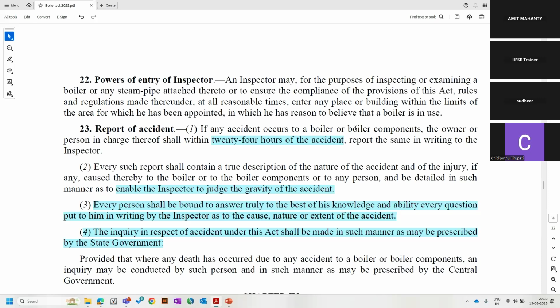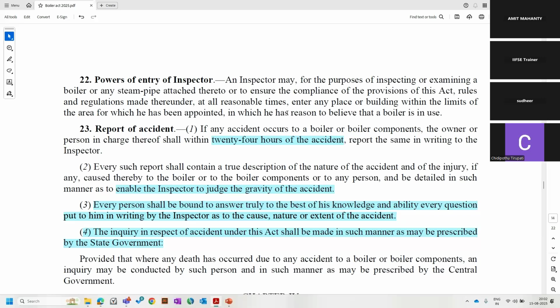Every such report shall contain a true description of the nature of the accident and of injury, if any, caused thereby to the boiler or to the boiler components or to any person, and be detailed in such a manner as to enable the inspector to judge the gravity of the accident. So point 2 says we have to give detailed information to the inspector regarding the accident, so that he can estimate the depth or the severity of the accident.